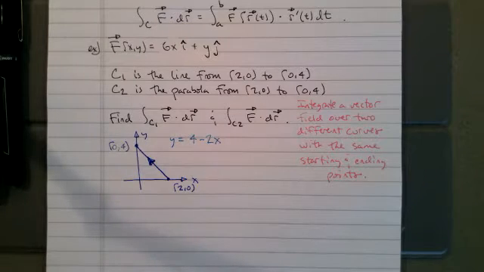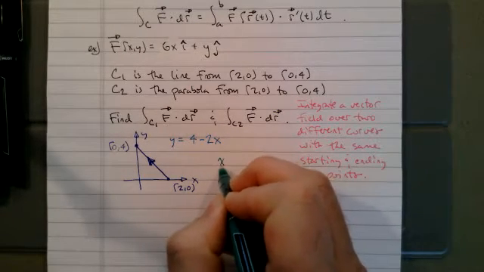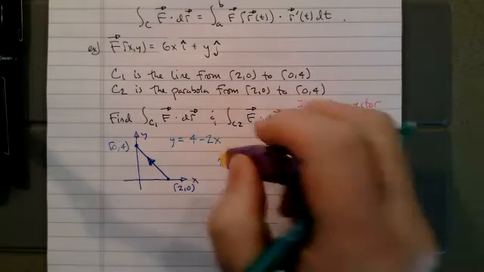One way to parameterize this curve is to just say x is the parameter. This is not going to work in this case because it's going to go the wrong direction. Do I want to cram this in this space?